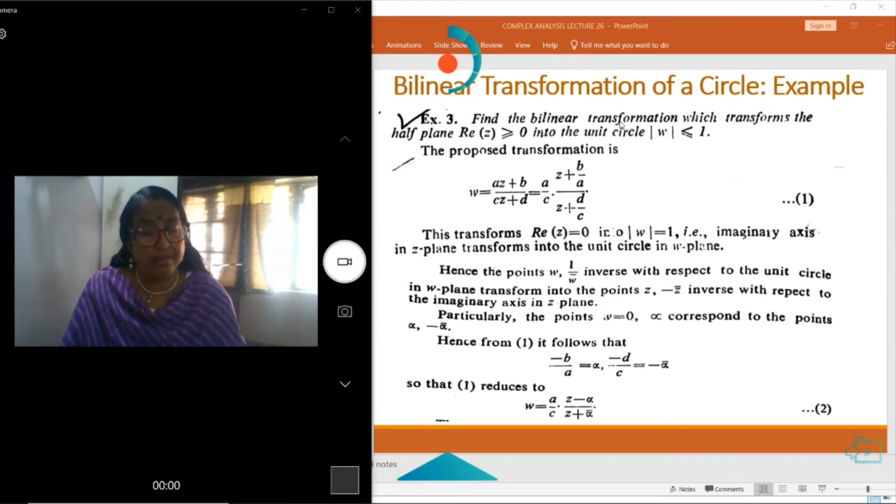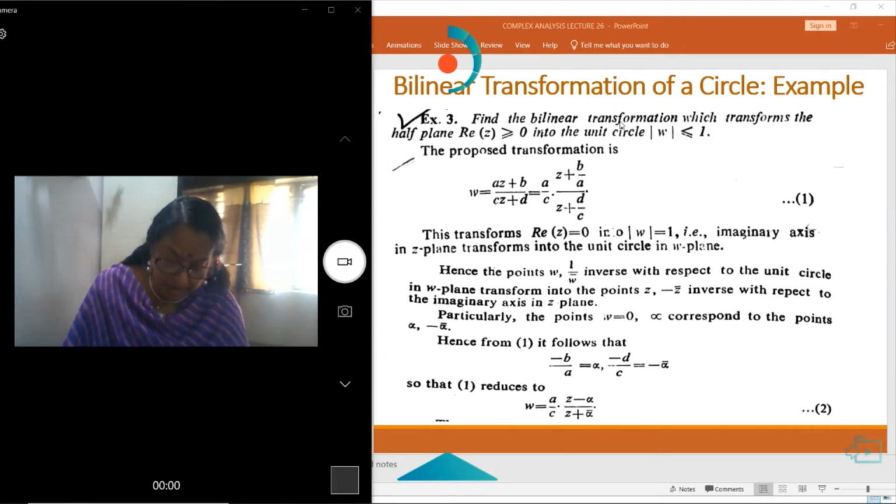And in the z plane the y-axis means the imaginary axis, in the w plane the v axis. Okay, so here w is equal to (az plus b) divided by (cz plus d), which can be written as a by c into (z plus b by a) divided by (z plus d by c).